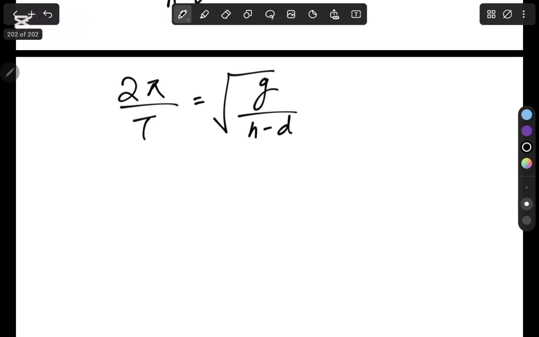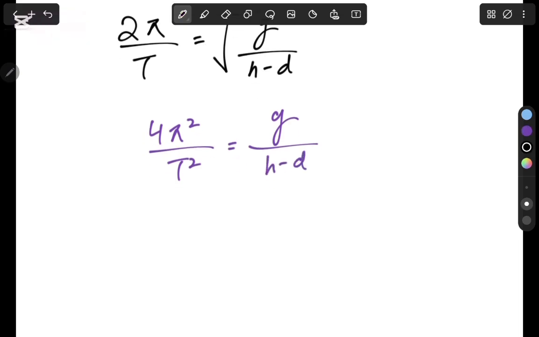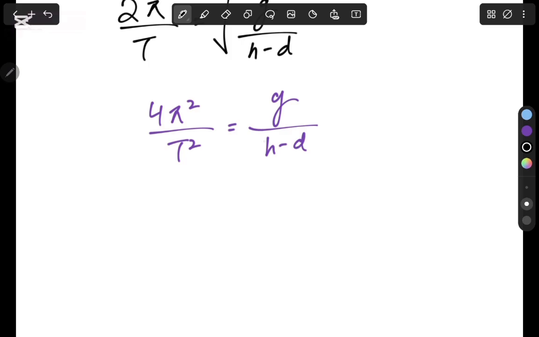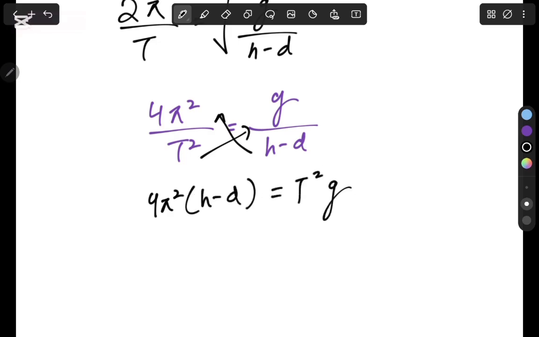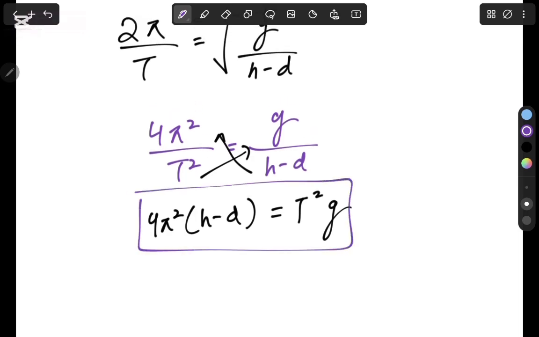Then squaring both sides, I will get 4π² divided by T² is equal to g over (h minus t). Then I want to take the h minus t to the other side, cross multiply. 4π² (h minus t) is equal to T² g. Okay? Right. So we have an equation here.